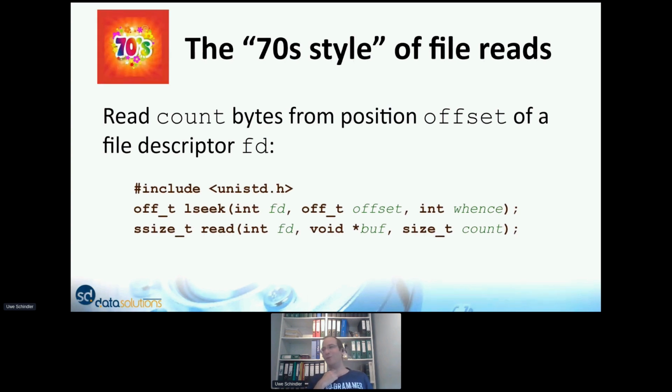Everybody who was in the early days of Unix knows this type of code. I call it the 70s style of file read. So in the 70s, you were reading a file like that, in C code. This is not even Java code, Java didn't exist here. You had two functions, more or less.